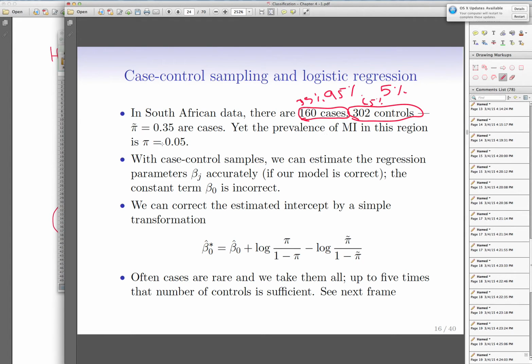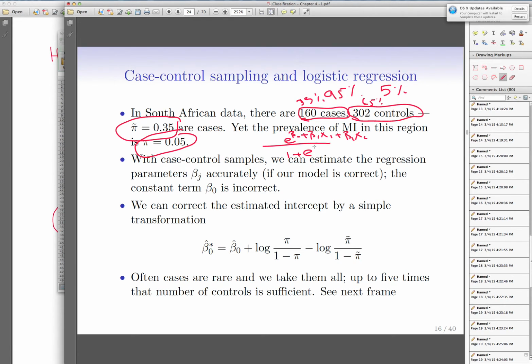When you have such unbalancedness in your data, you can easily fix everything by just a simple adjustment. One thing I want to point out is that, remember, in logistic regression we had an intercept and some variables. I have good news and bad news.